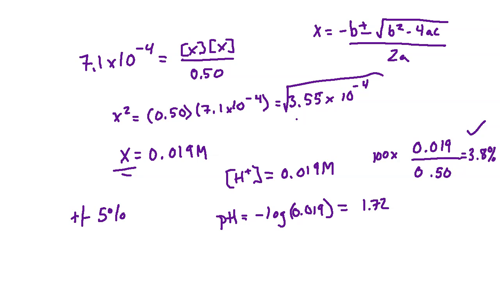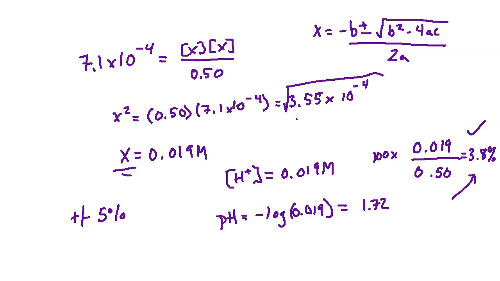Okay? Now sometimes you will find that questions or statements are referring to percent ionization. And percent ionization is going to be looking at how much is actually in the H plus form relative to the initial concentration. So this check right here is a percent ionization check.